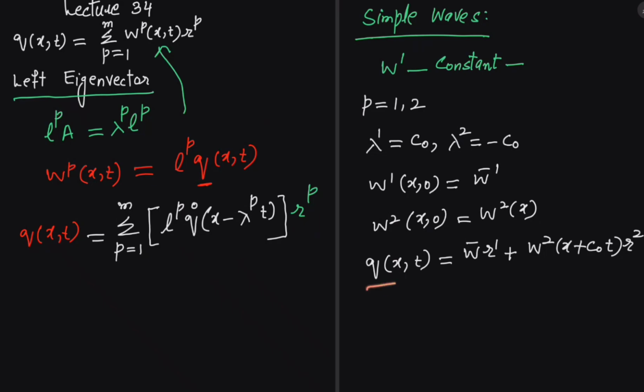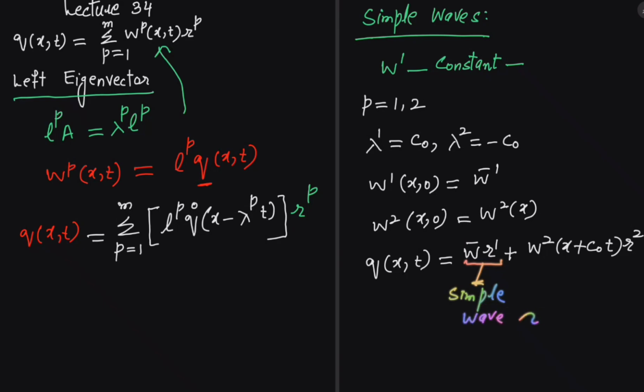In this solution, there are two waves, wave 1 and wave 2. In these two waves, the first one is constant. Since it is constant, this wave is actually called a simple wave, as a definition.